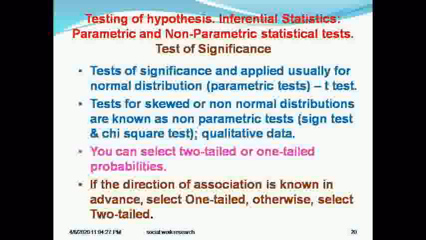So, the association is not clearly proved whether positive or negative. We can't clearly state that higher education means low crime, or we cannot also say higher education means higher crime. In this case, when we are not clear about the direction of the association, we can safely use the two-tailed test.